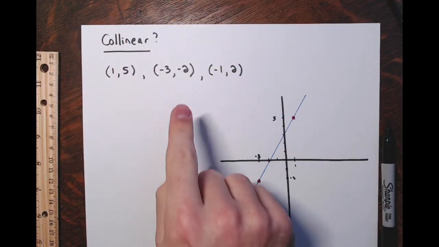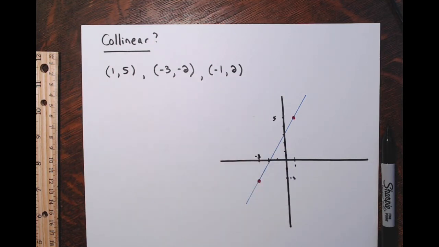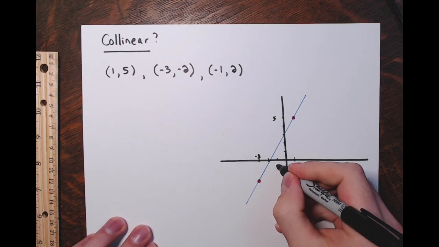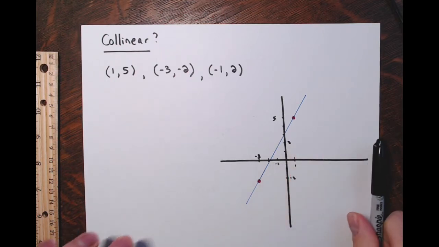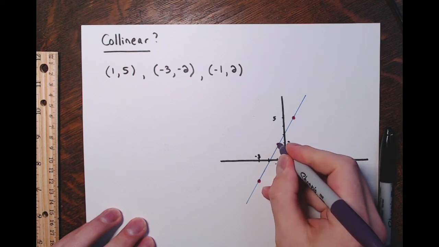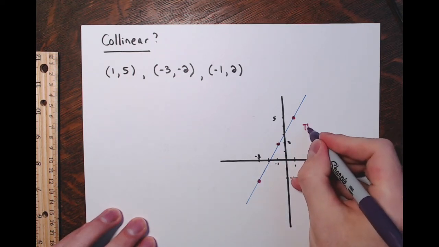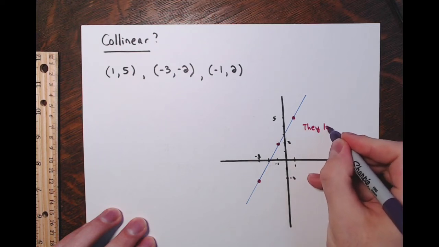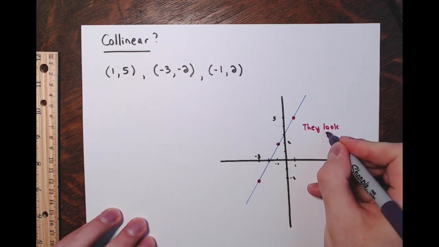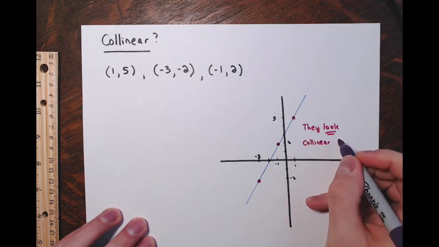And then the big question now is, is this third point, -1, 2, also on this line? Now again, it looks like it based on my drawing. They look collinear, but this was a crappy hand drawing. I don't know if I messed up on my spacing.